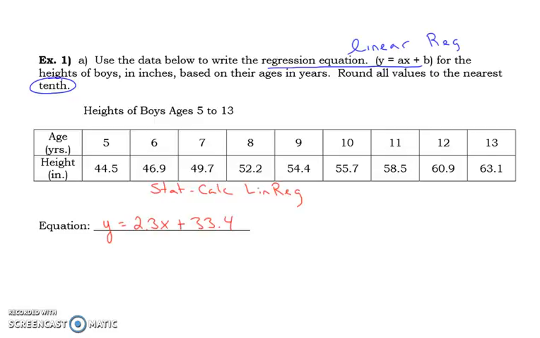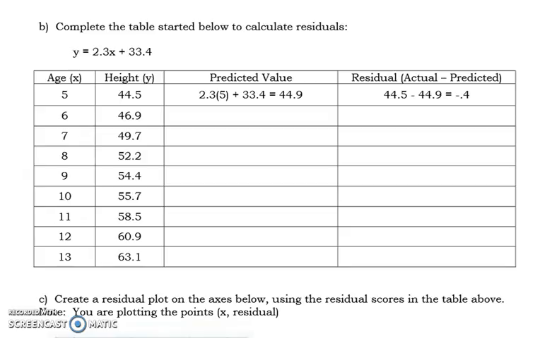Okay, so when I ran my linear regression, I got the equation y equals 2.3x plus 33.4. Now we're going to use this model to determine our residuals. Part B says complete the table below to calculate the residuals. So here's our model, and that's where we're going to get the predicted value from. We have the age in x, and then we have the height, which is y, and those y values are the actual values.